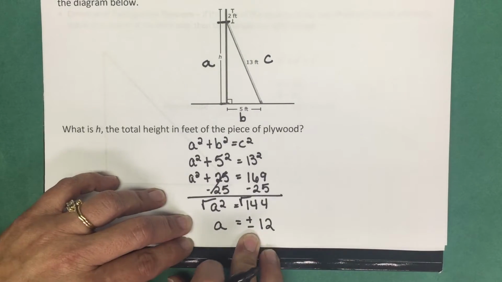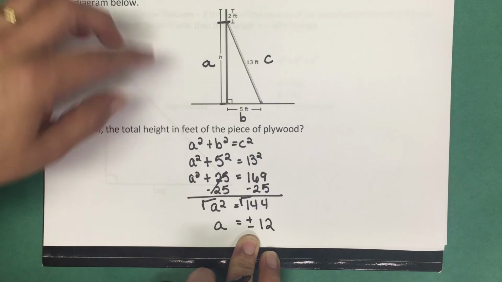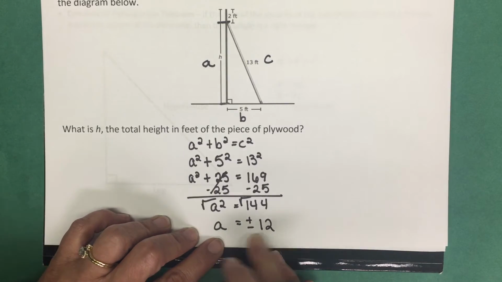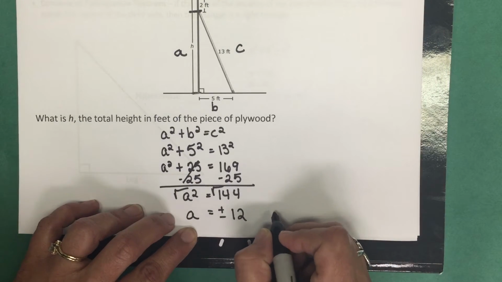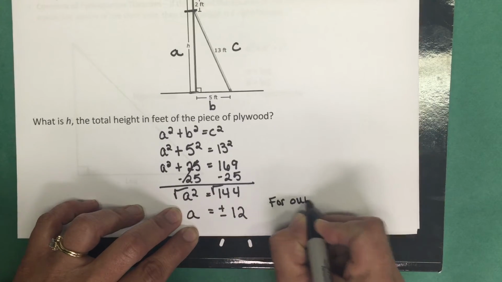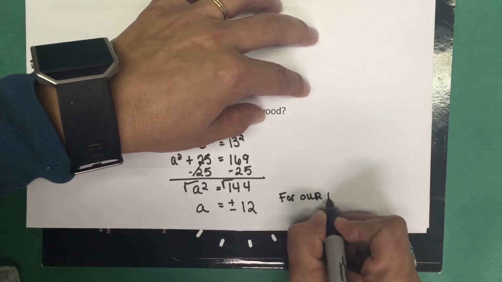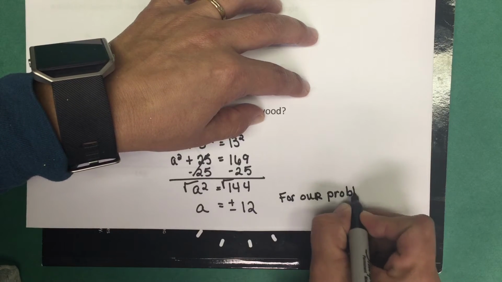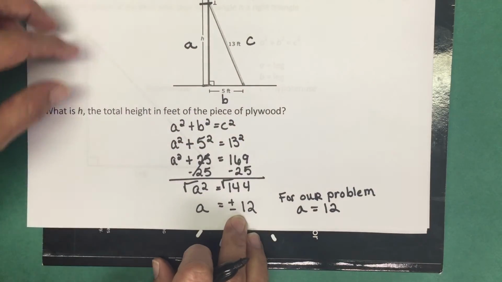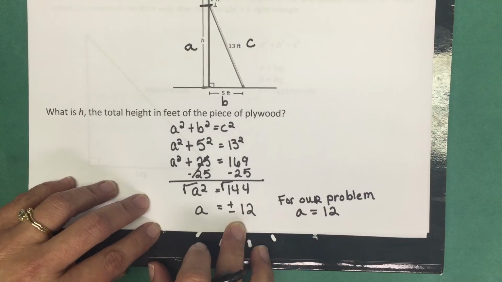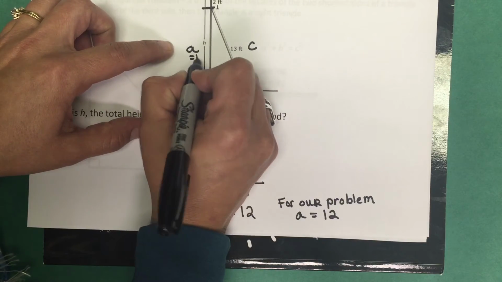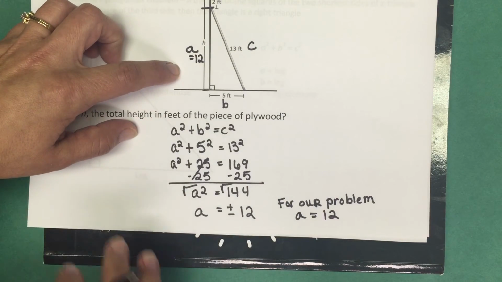Now, in this problem situation, since we are talking about a length, we disregard the negative value. So for our problem situation, a is going to be positive 12 because we can't have a negative length. So a is 12. So we know here that leg of the right triangle is 12.